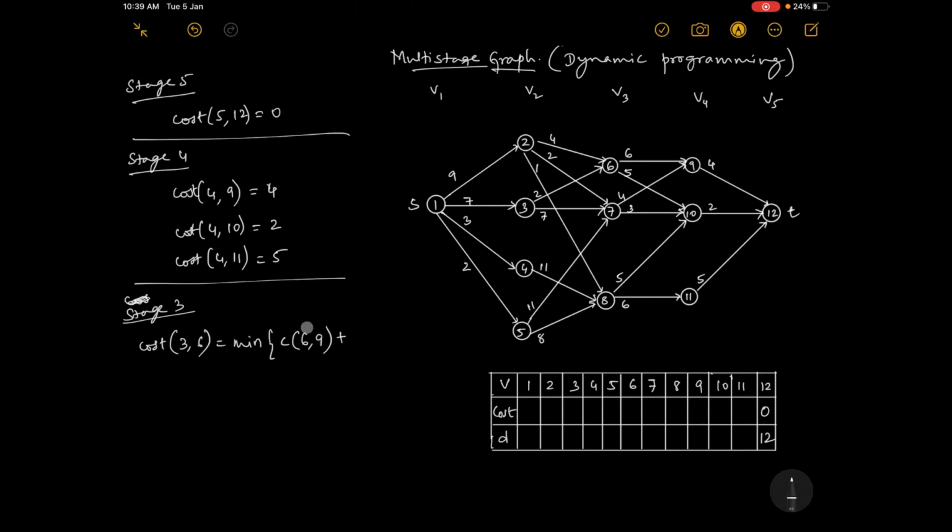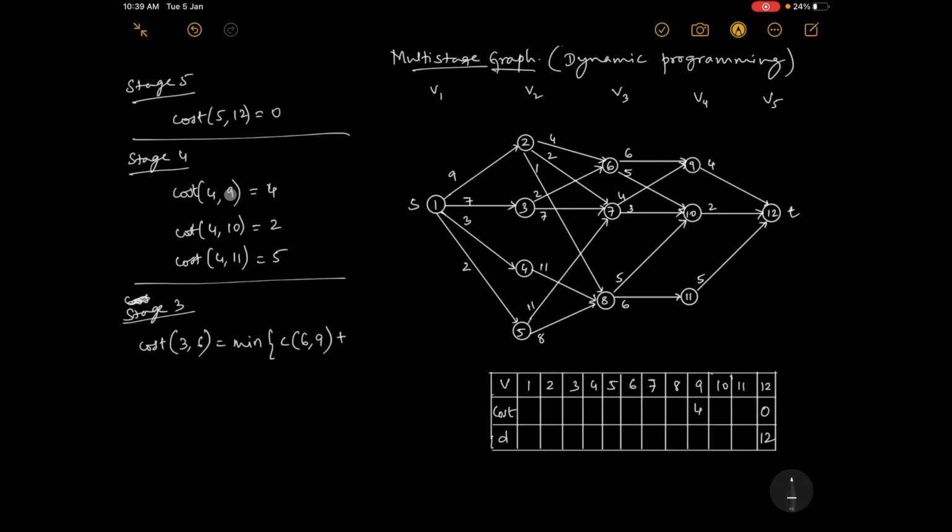C of 6 to 9 is the weight of the edge, but from 9 to reach 12 you already have found the cost, correct. So I should have written here for vertex 9 the cost is 4.